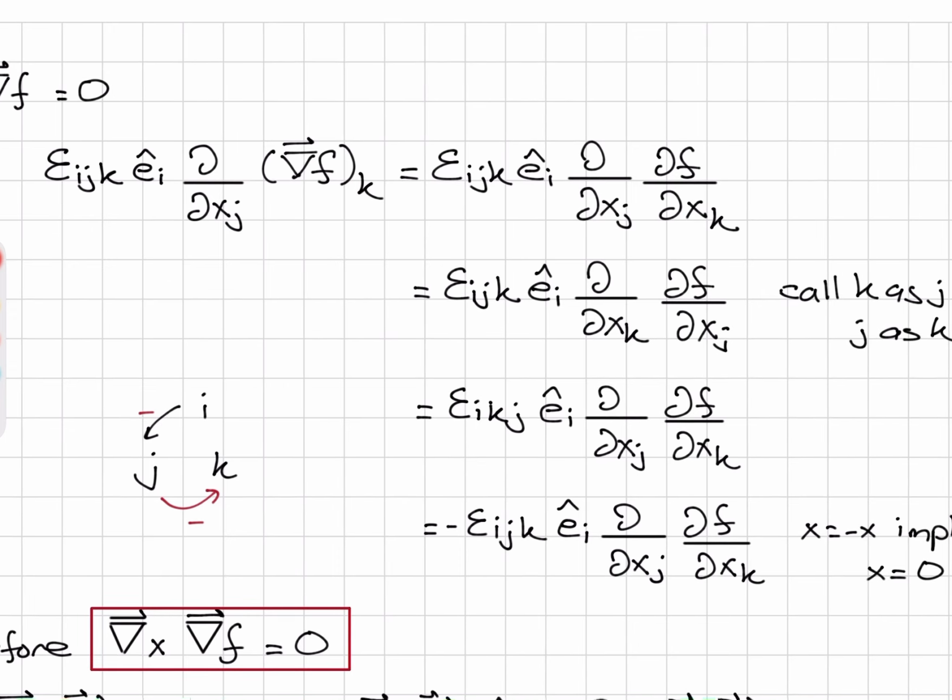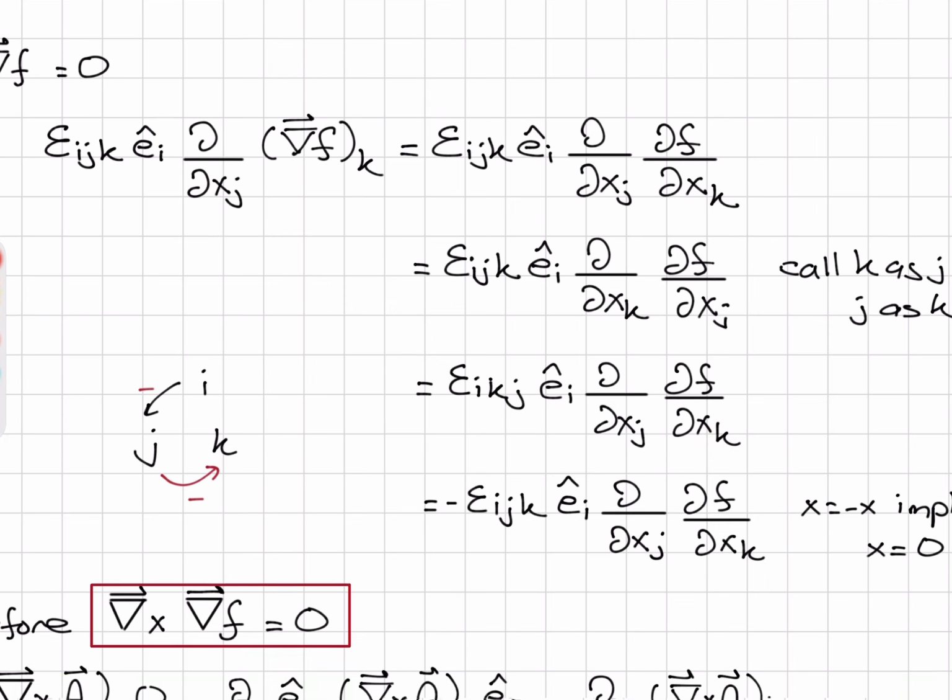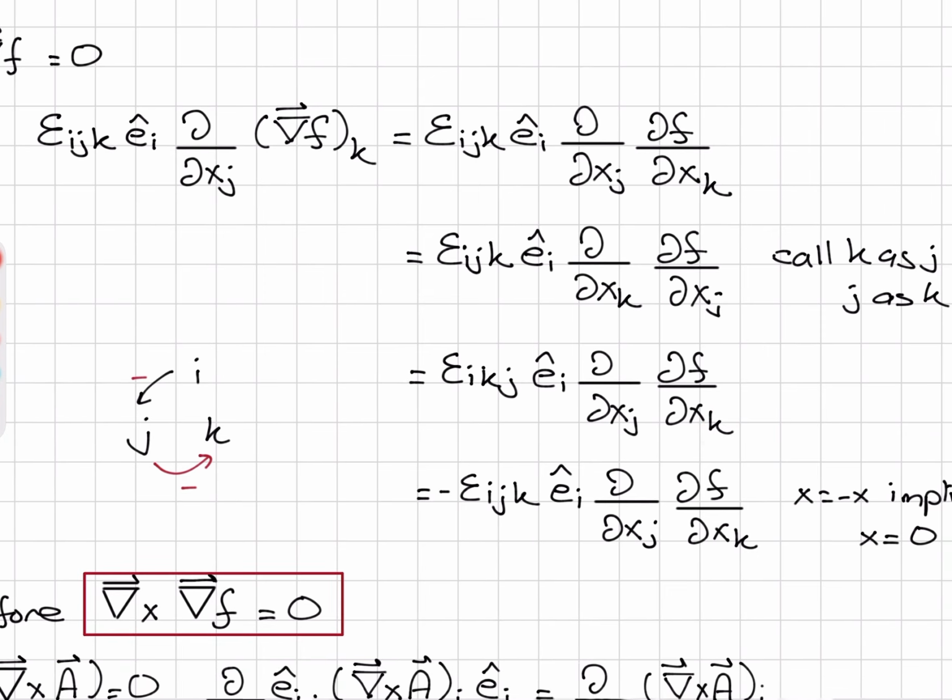And now I can change the order of the derivatives. It doesn't matter. So this is del xk del xj of f. And then I call k as j and j as k, so that this becomes epsilon ikj ei hat del xj del f del xk.